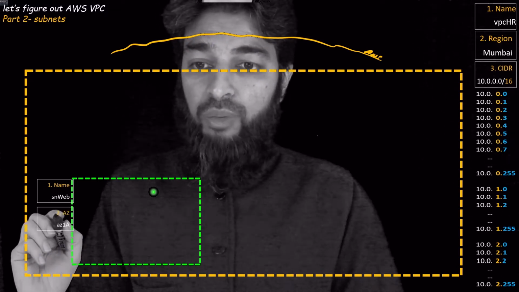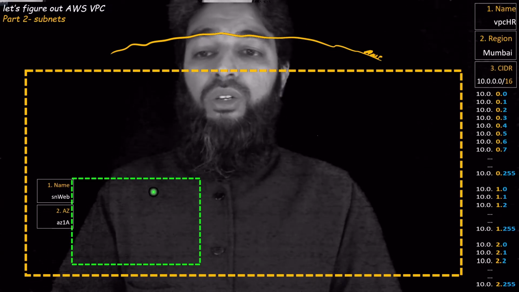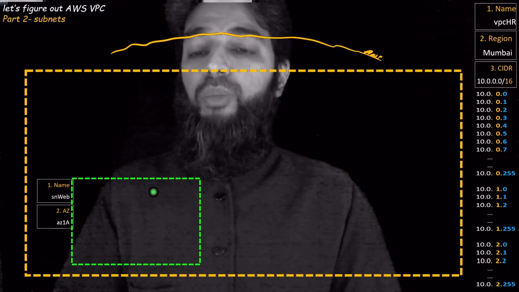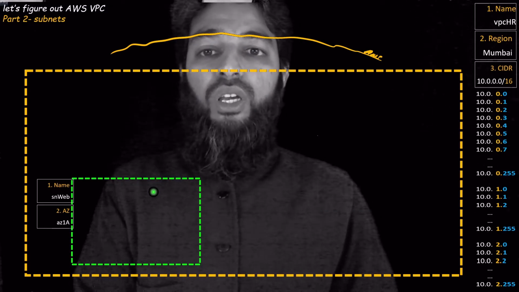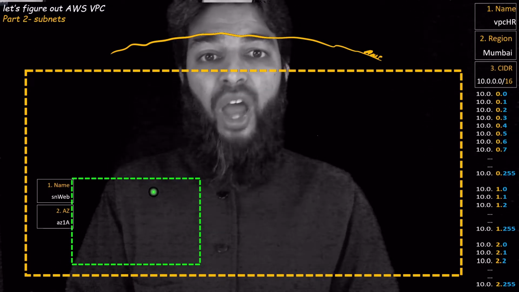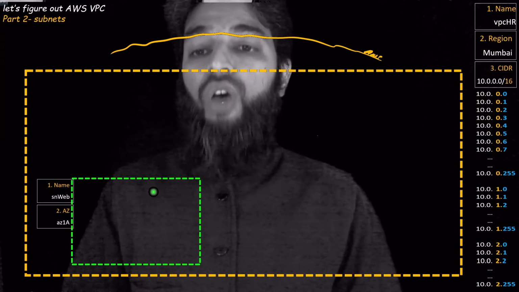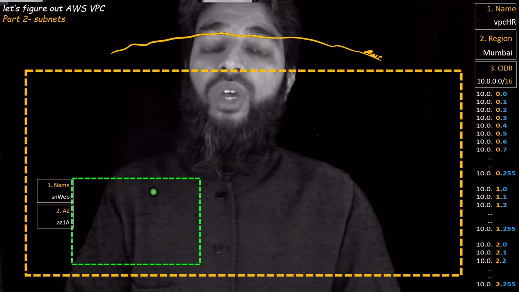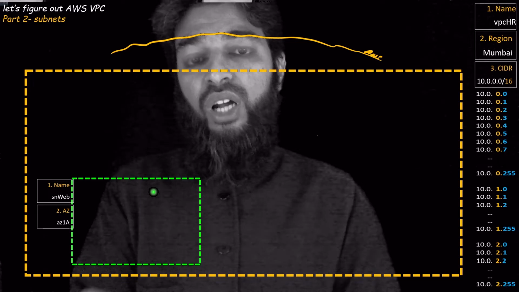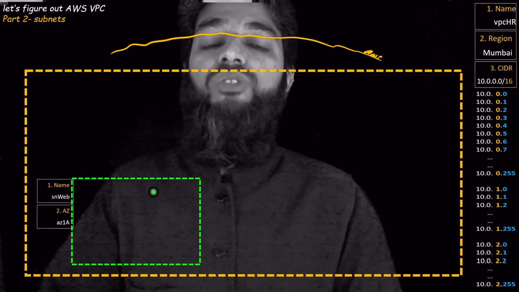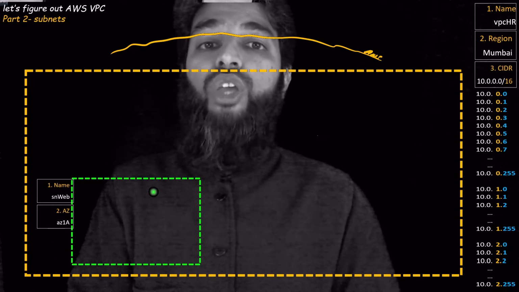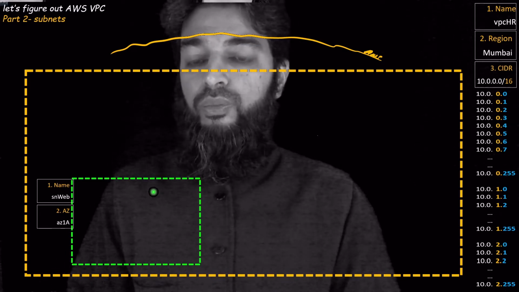Similar to a VPC, it has a second property which talks about location, but this time that second property is not a region. A VPC is created in a region spanning across availability zones, whereas a subnet is always created in one particular availability zone within the VPC region. So you need to specify the availability zone where you want to create a subnet.